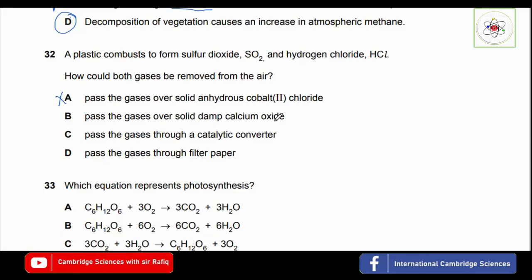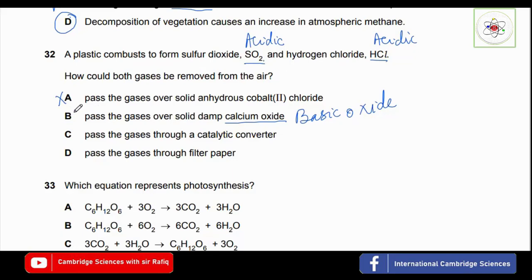Calcium oxide is a basic oxide, whereas these two gases are acidic in nature. Acidic gas will react with basic oxide, and this is how we can remove these gases from the air.